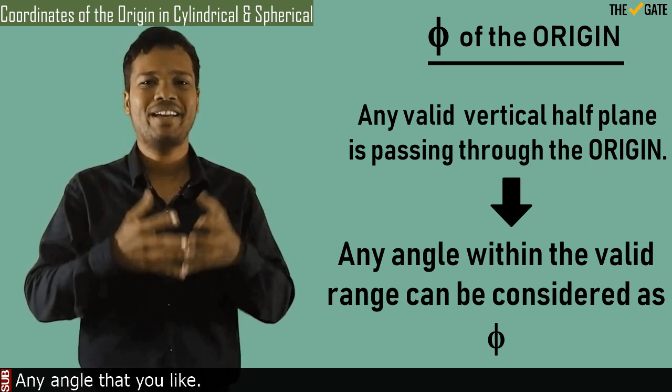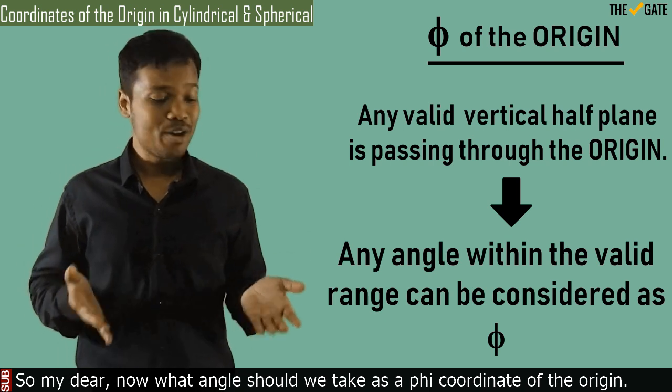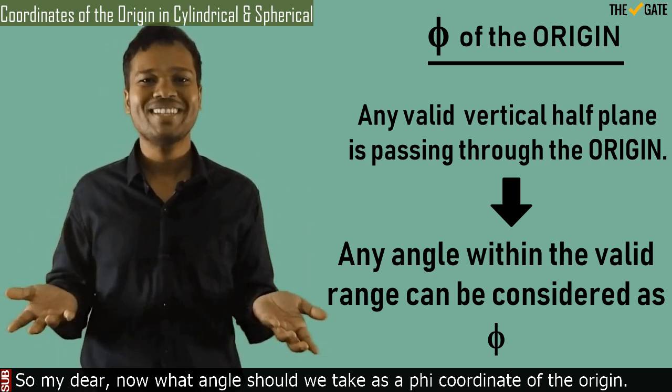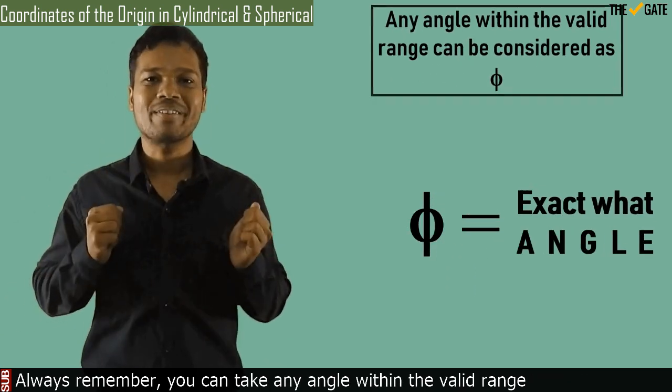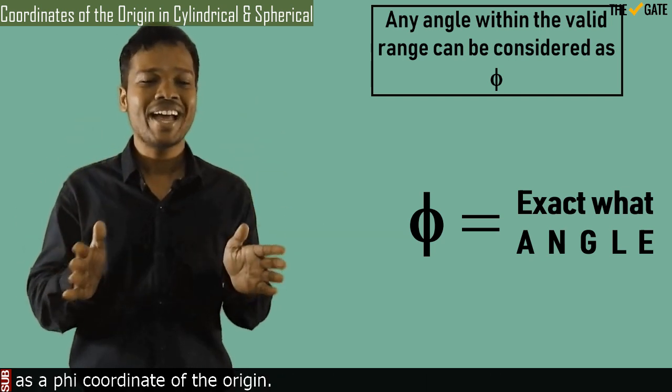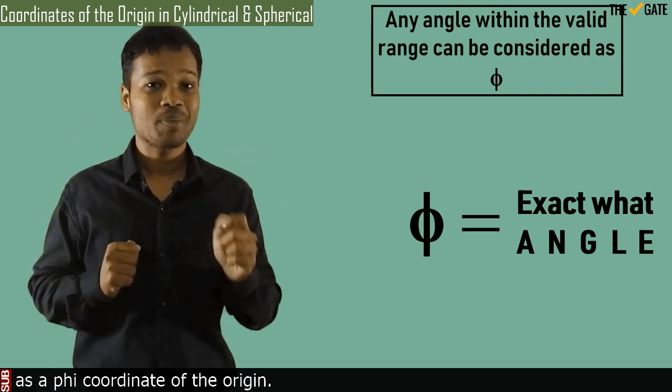Any angle that you like. So now, what angle should we take as the phi coordinate of the origin? Always remember, you can take any angle within the valid range.